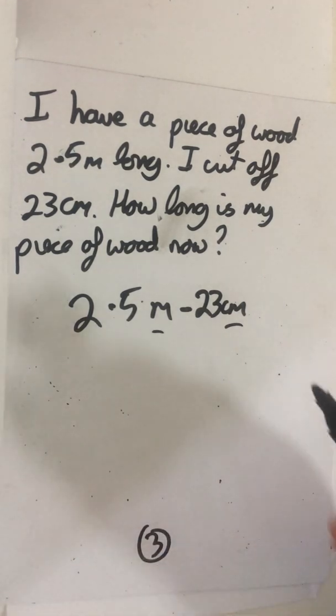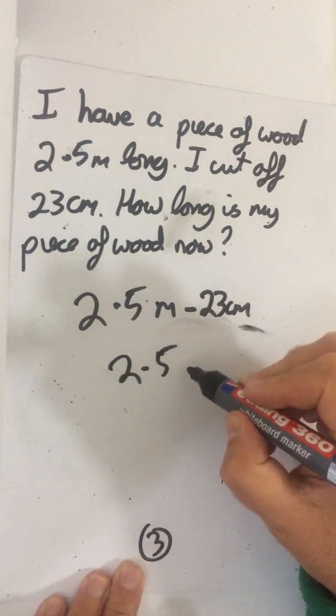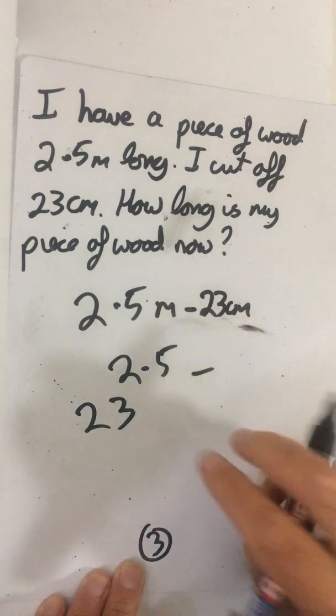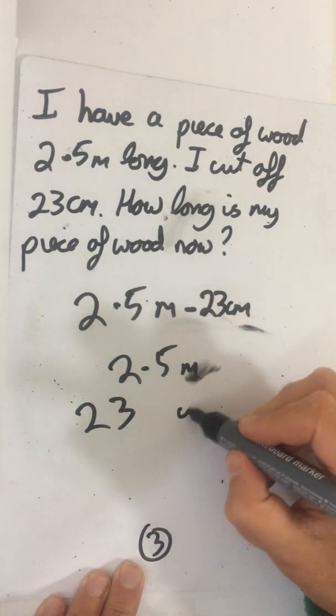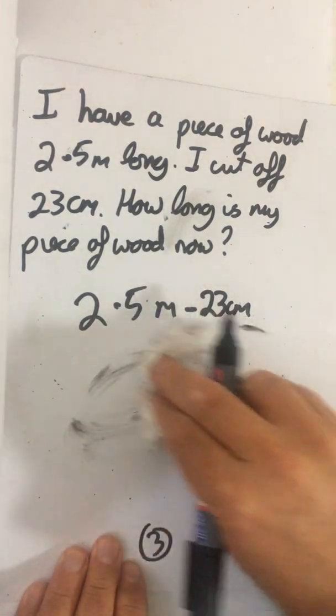So it's no good if I do 2.5 minus 23, because this is 2.5 meters and this is 23 centimeters. They have to be the same unit of measurement.